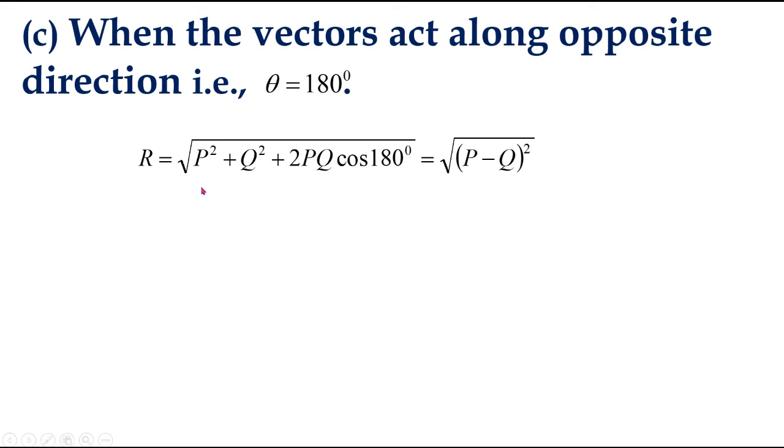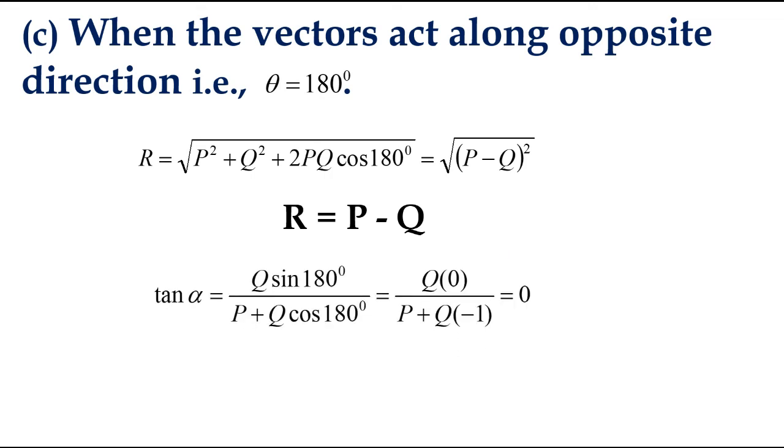So this can be written as root of P square plus Q square minus 2PQ, which can be written as (P minus Q) whole square. Therefore R is equal to root of (P minus Q) whole square. Square root gets cancelled. Finally, the magnitude of the resultant R is equal to P minus Q when the vectors act in opposite direction.